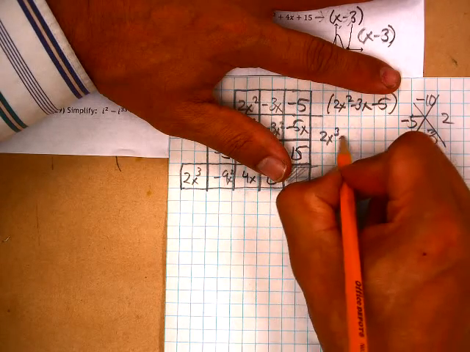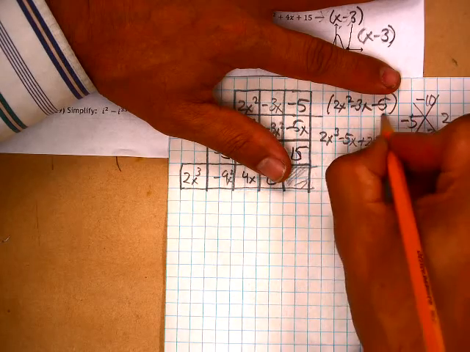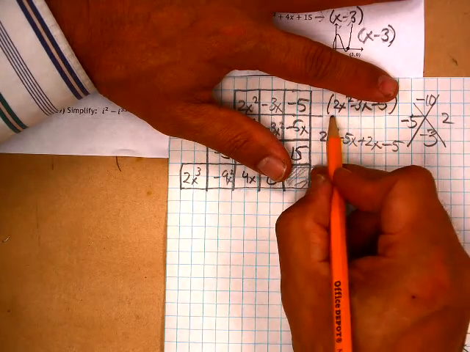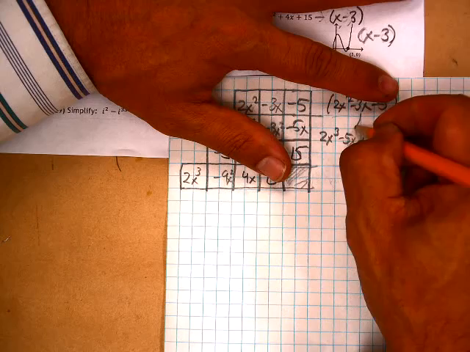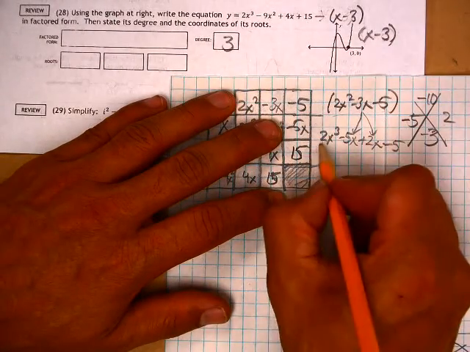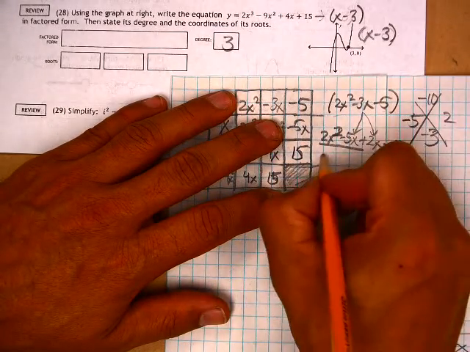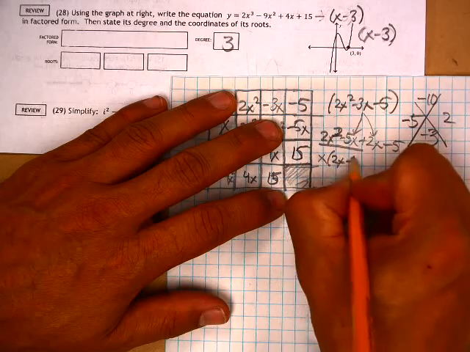So minus 5x plus 2x minus 5. Basically what I've done is I've rewritten this, and so the 3x gets split into these two right here. So what can I take out of both of these? That's a squared. Is just an x. So I'm left with 2x minus 5.